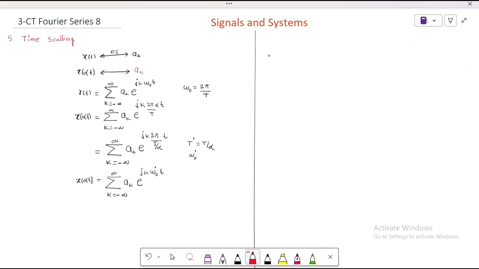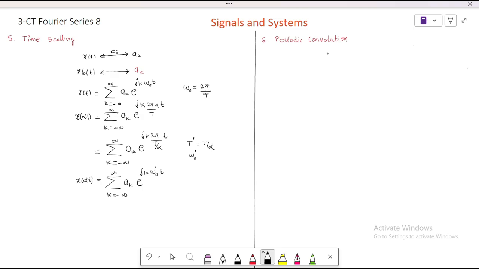Next, periodic convolution. For the convolution, we should take two signals.